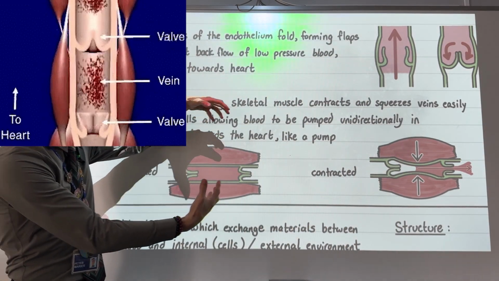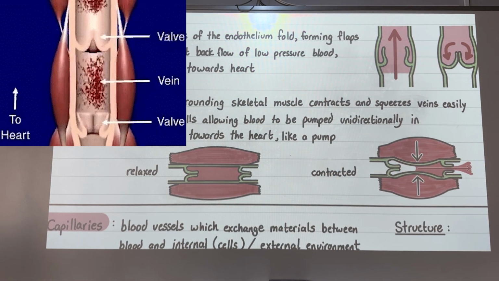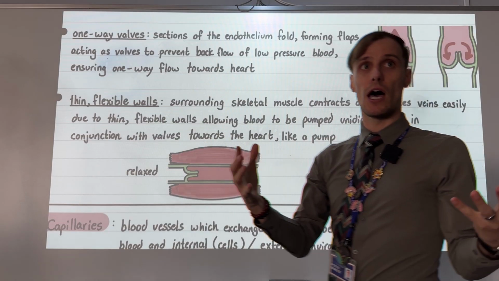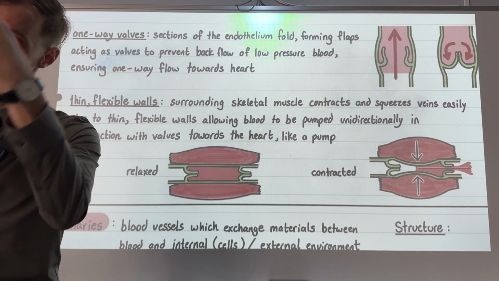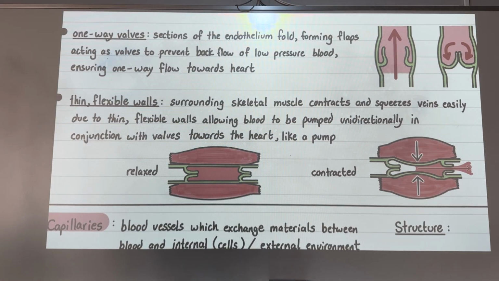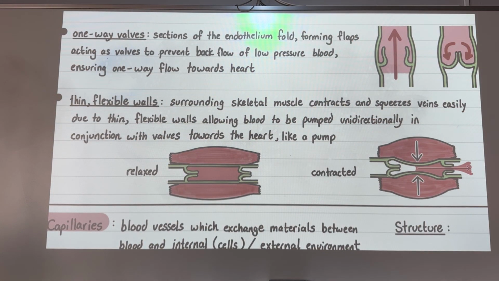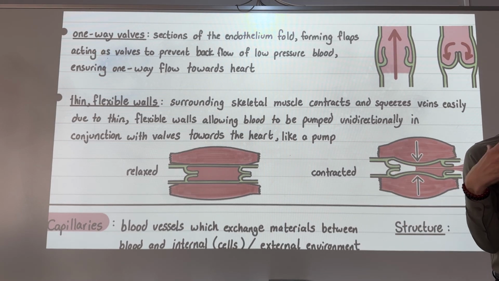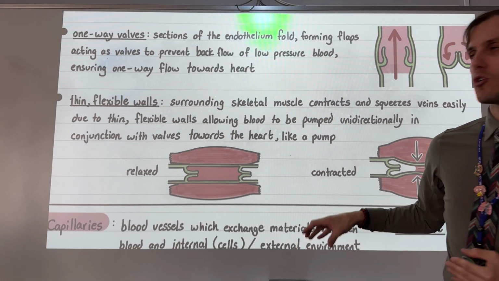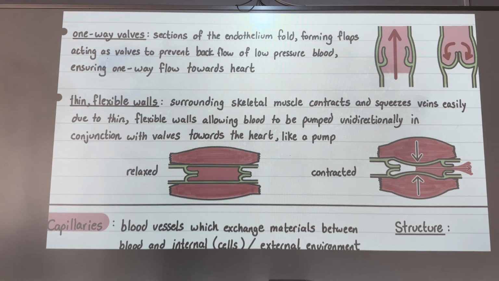By contracting them, it opens this valve and pushes blood forward. So believe it or not, something like your calves, and you flexing your legs, promotes blood flow through your body. You may see people, let's say on long flights, wanting to walk around, because sitting down and not moving for a long time can impede blood flow. So your skeletal muscles actually contribute to blood moving through your veins.